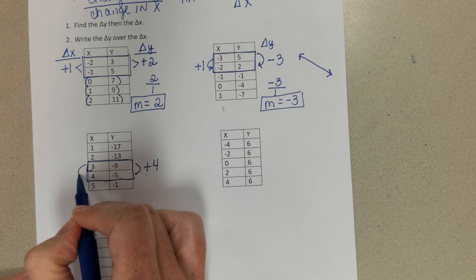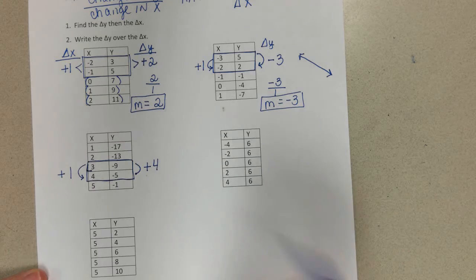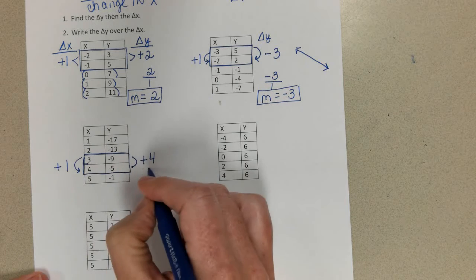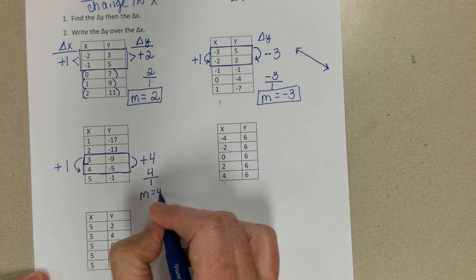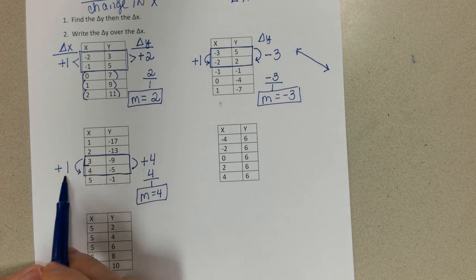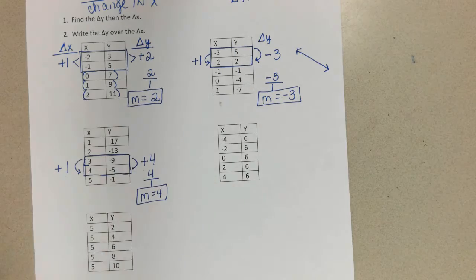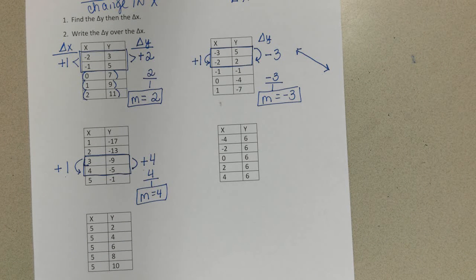What am I doing to get from 3 to 4? I am adding 1. Change in y over change in x, so it'd be 4 over 1. So the slope is 4. Now, on all of these problems so far, the change in x has been adding 1 every time, but I just want you to realize it's not always 1. Don't assume that it's always 1, okay?